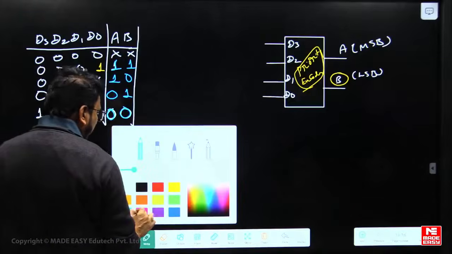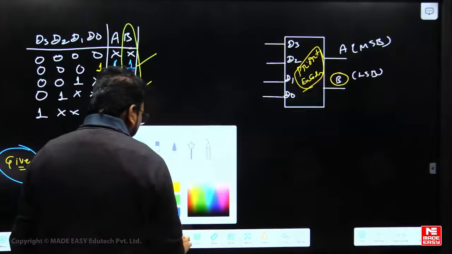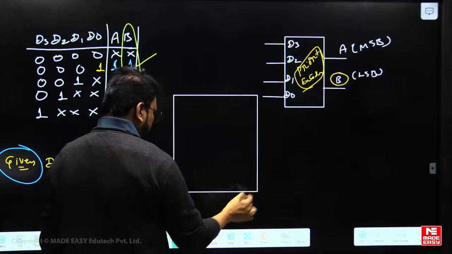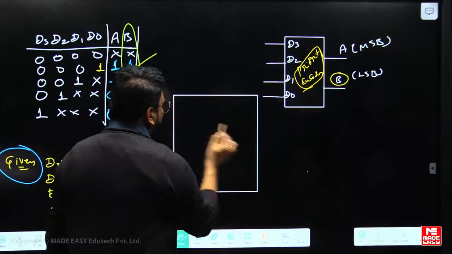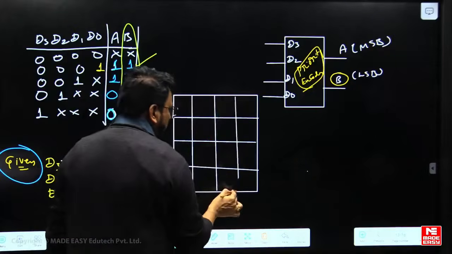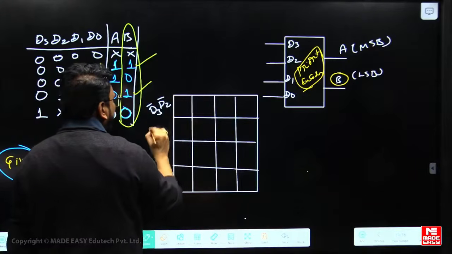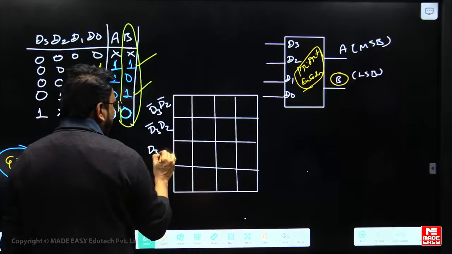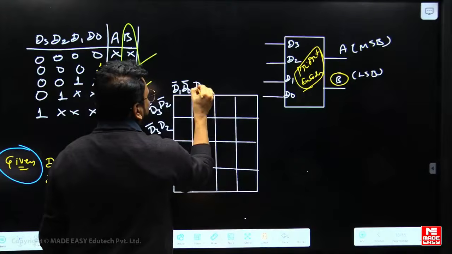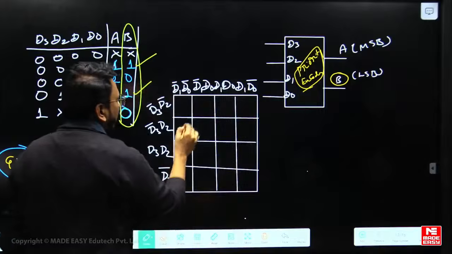Now they are asking for the expression for B. Let me make the K map of that. D3 bar D2 bar, D3 bar D2, D3 D2, D3 D2 bar; D1 bar D0 bar, D1 bar D0, D1 D0, D1 D0 bar. So this is the way.